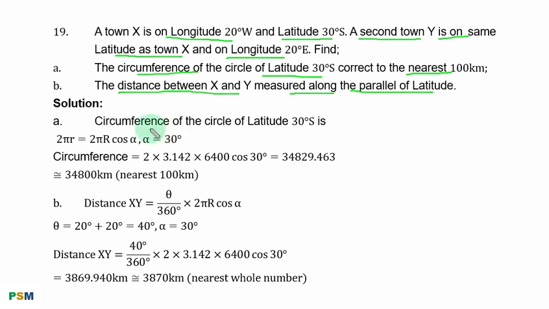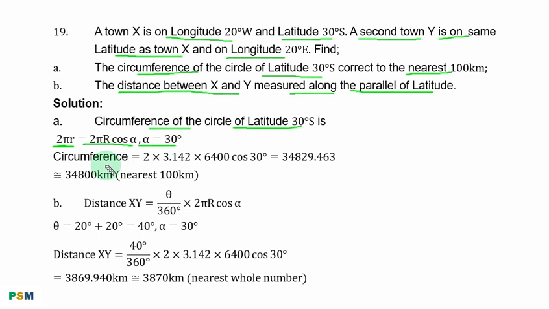Solution. Circumference of the circle of latitude 30 degrees south is equal to 2πr. In this context, r is the radius of latitude, that is equal to the product of the radius of the earth and cosine of the angle of latitude, given in this form. Alpha is equal to 30 degrees, the angle of latitude.